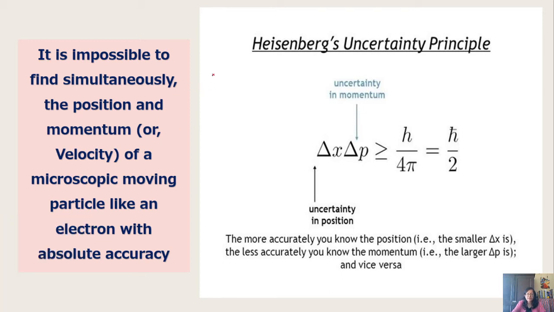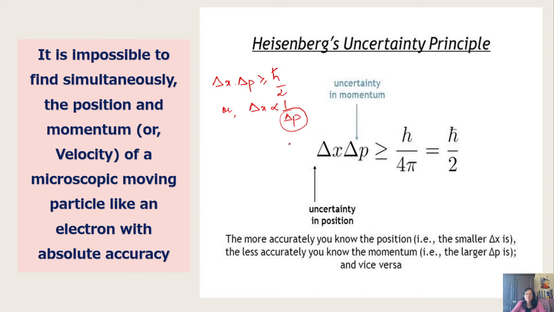So considering this Heisenberg's uncertainty principle, we can see that delta x into delta p is greater than or equal to h cross by 2. Or we can say that delta x is inversely proportional to delta p. This means that if uncertainty in measurement of position is small, then delta p will be large.